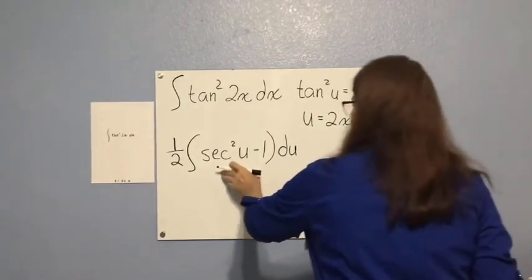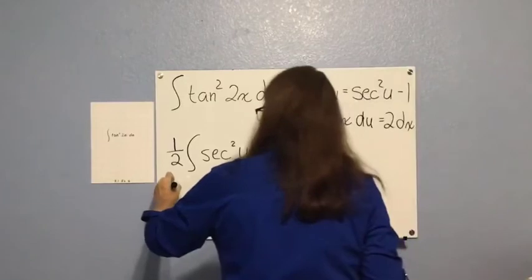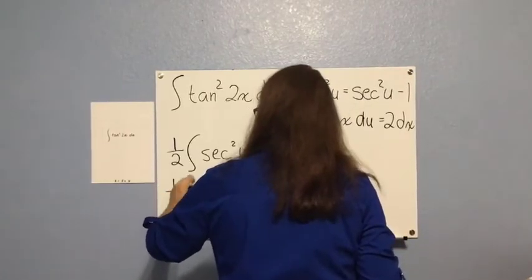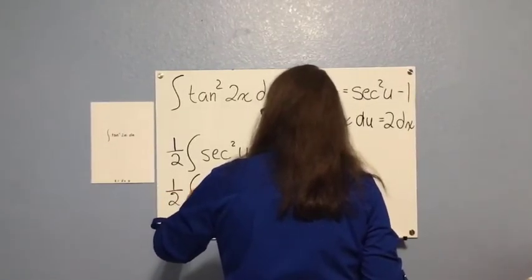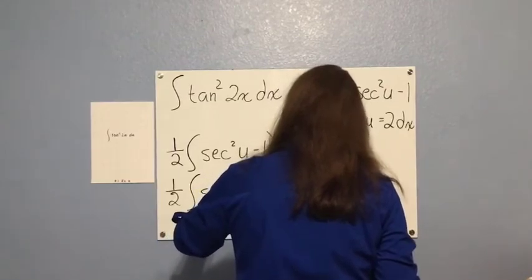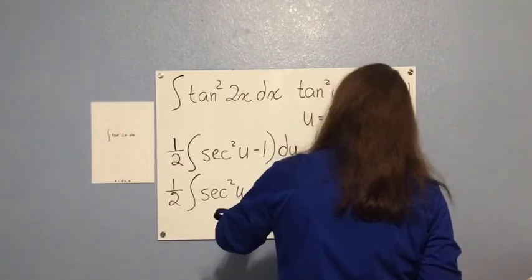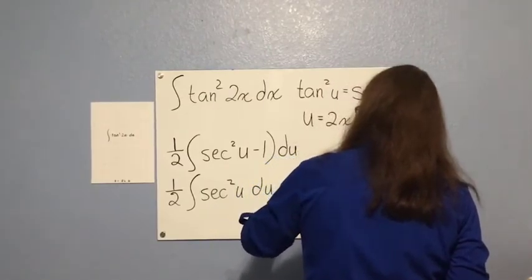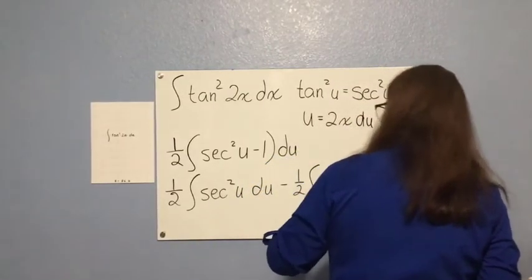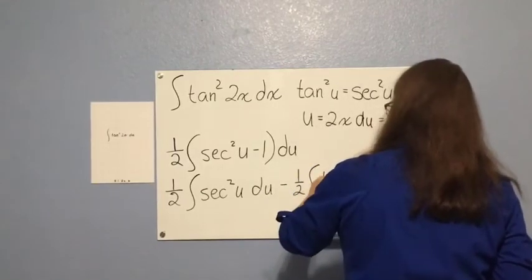And now I'm going to break this up into two integrals. 1/2 integral of secant squared u du minus 1/2 the integral of 1 du.